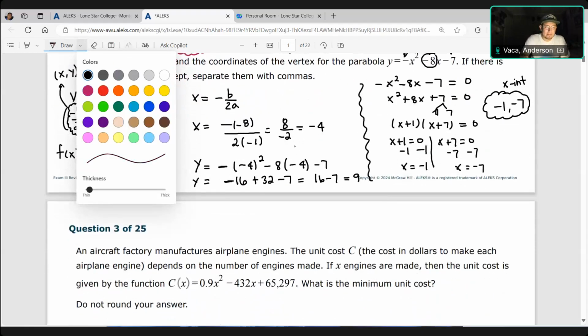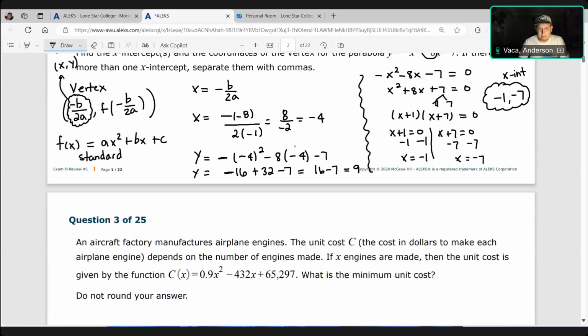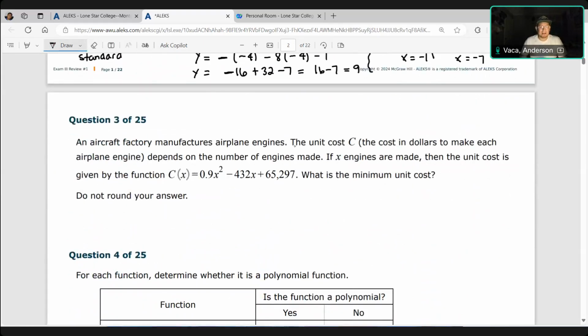Okay, let's get rid of this. It says that an aircraft factory manufactures airplane engines. The unit cost C depends on the number of engines made. If X engines are made, then the unit cost is given by this formula. What is the minimum unit cost?